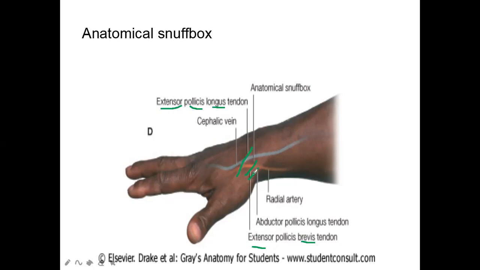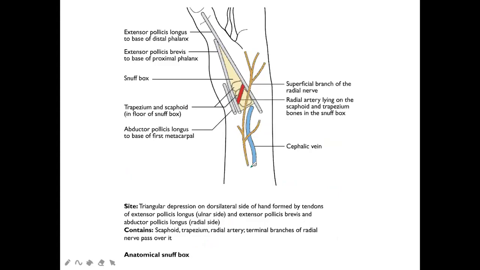The structures we find in this anatomical snuff box are the cephalic vein, which passes through it, and the radial artery. You can also feel the pulsations of the radial artery there. Looking at this, we see the extensor pollicis longus, the extensor pollicis brevis, and the abductor pollicis longus.